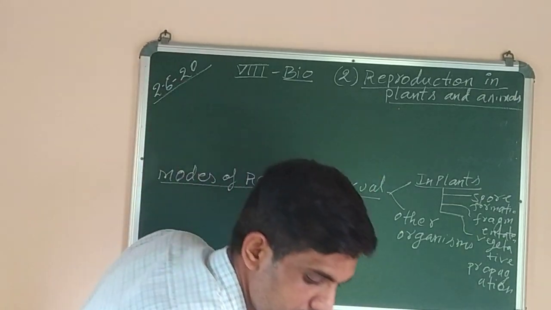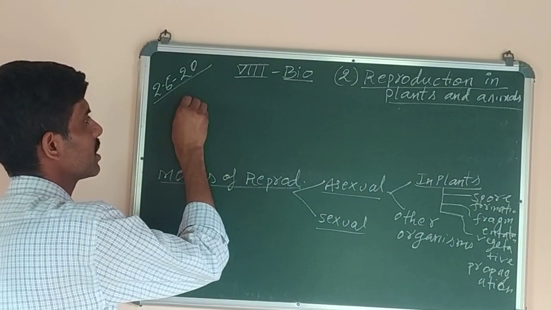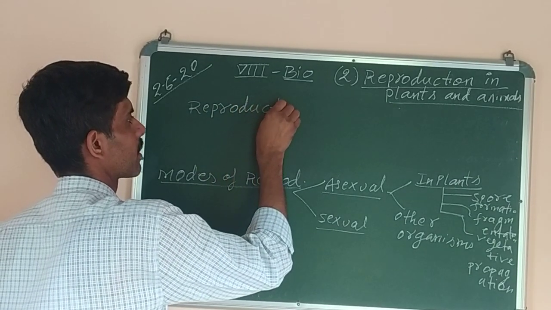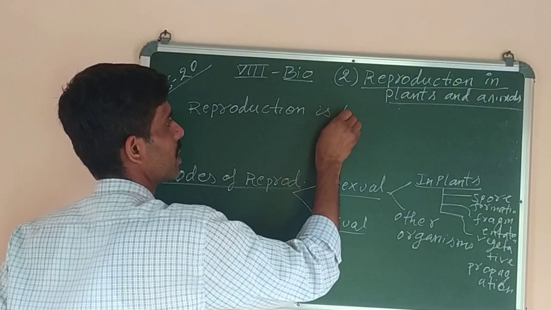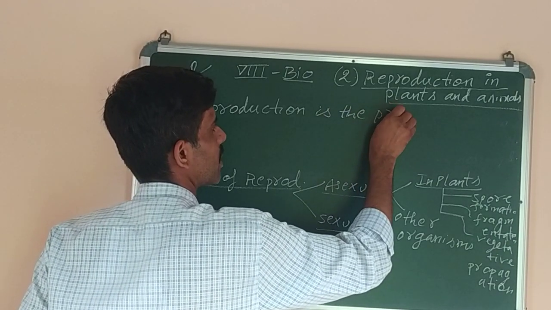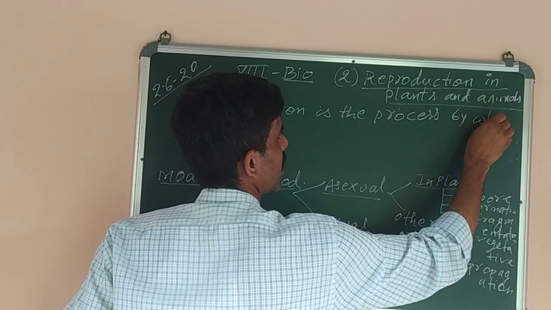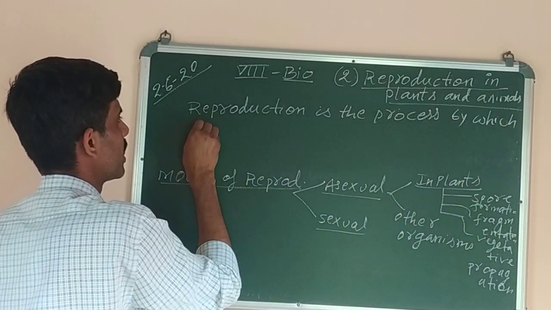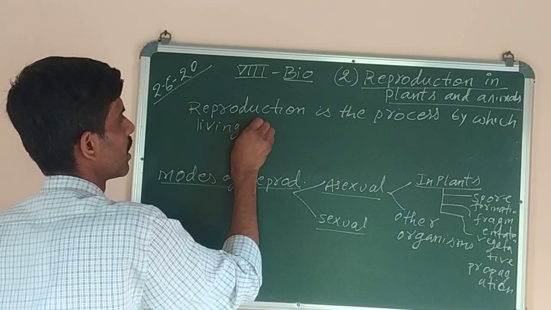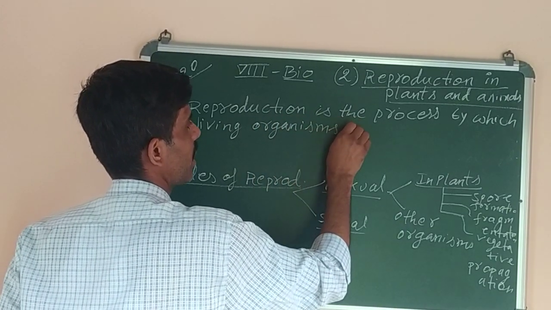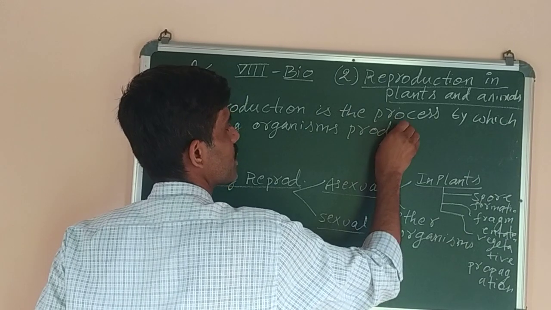So first of all, the definition of reproduction: reproduction is the process by which living organisms produce offsprings.